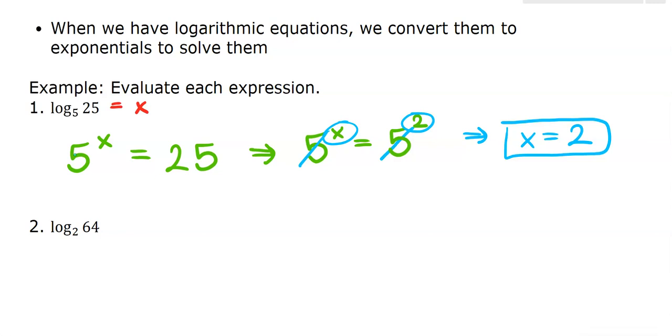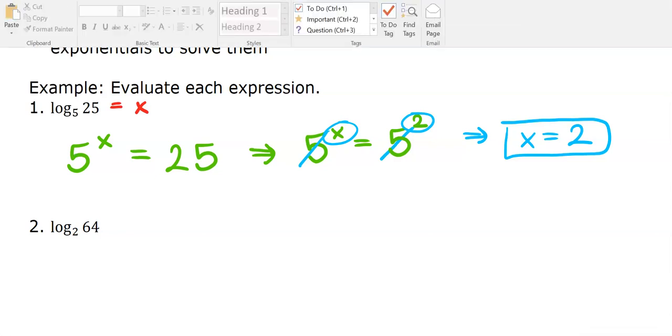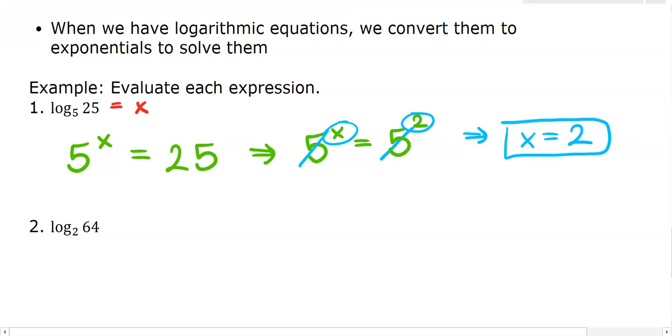Okay, so we're going to do something similar with number 2 here. We're going to take, again, set this equal to an x. And then I'm going to rewrite it. So it's going to say 2 to the x power equals 64. Okay, so again, if you don't know it right off the bat, then you might have to do some guessing and checking.